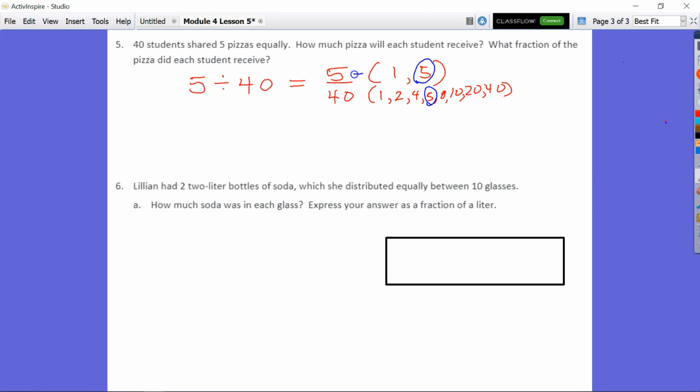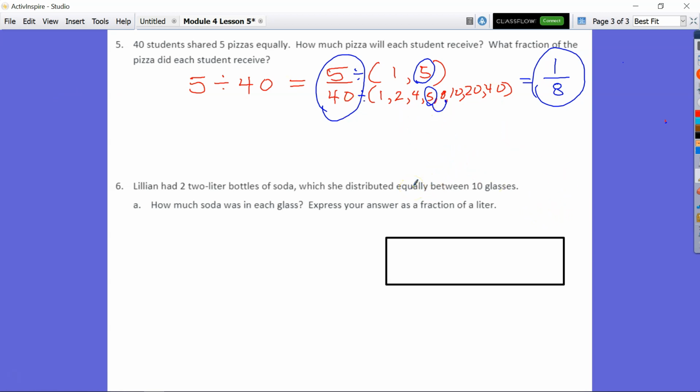Let's see, 5 divided by 5 equals 1. And 40 divided by 5 equals 8. So I know my answer will be 5/40 or 1/8. So everybody will receive 1/8 of a pizza, or 5/40 of the total.